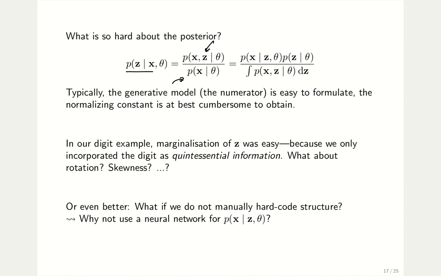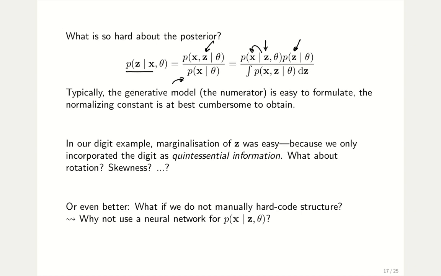You have to specify your latent factors, and then you have to specify how they influence the observables, the images, for example, in the MNIST case, and then you just have to say how these latent factors are distributed. That's typically the fairly easy case, and that's why the graphical model had the direction we saw on one of the previous slides and not the other direction.